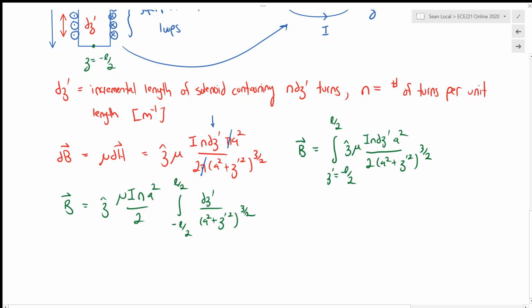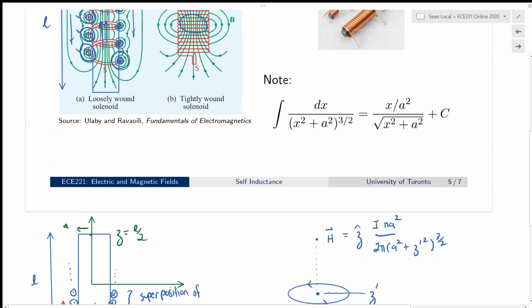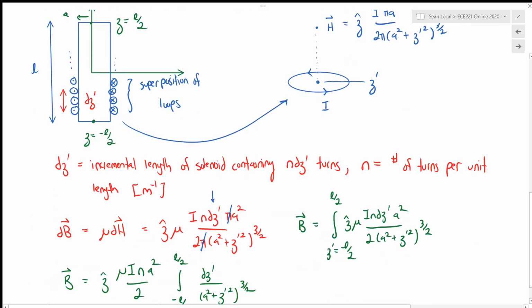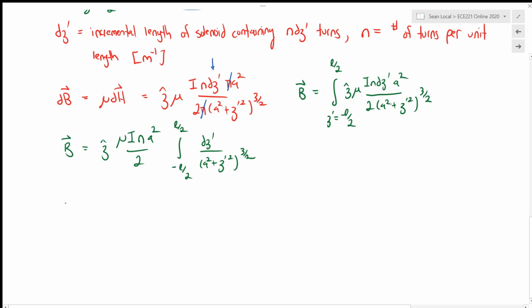Okay, this is where that table of integrals entry comes in, because if we compare this integral that I just wrote down to what was up here, you can see it's basically identical, except that instead of x we have z prime. So we can use this particular entry to evaluate this integral. And so let's write down the result of that here. So we're going to have z hat mu I n.